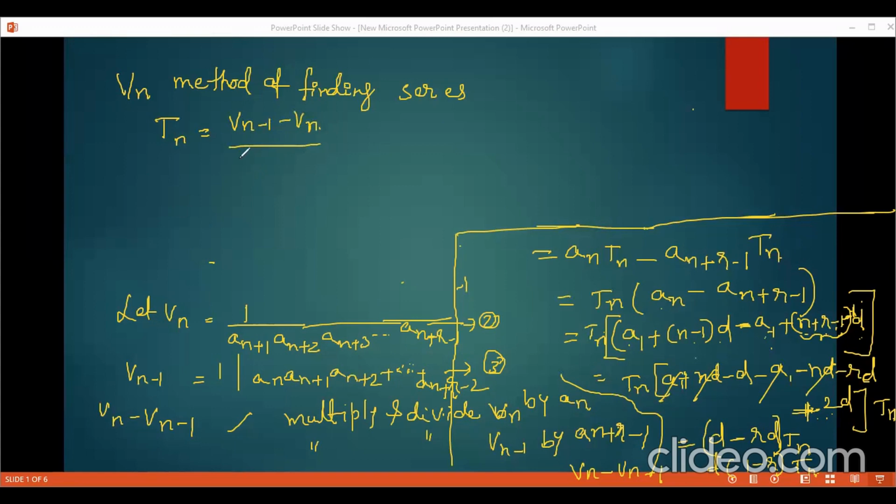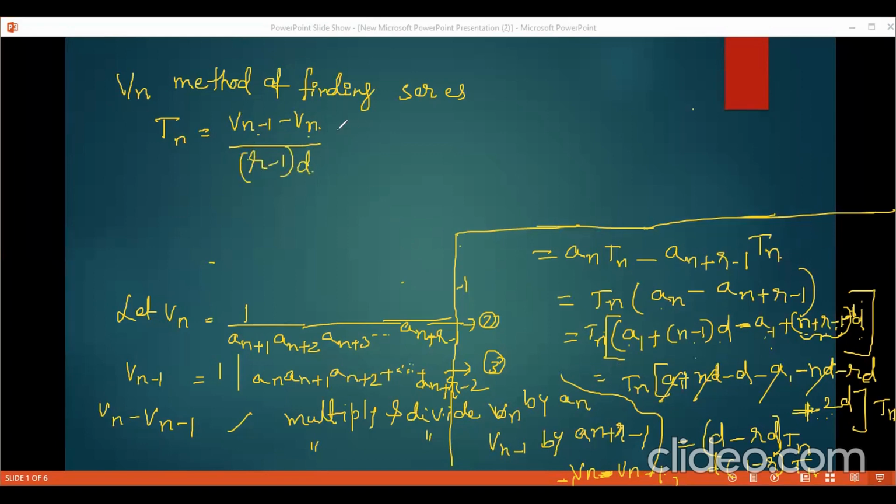I am changing it because I took Vn minus 1, so I changed it to Vn minus 1 minus Vn. I just took out the negative sign here so that this also changes its sign, right? So Vn minus 1 by (r minus 1) times d.